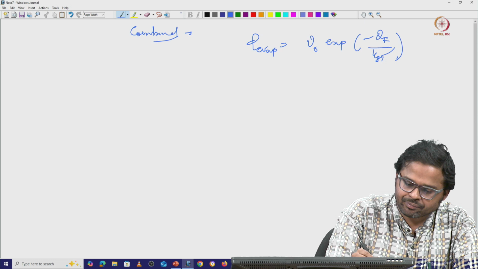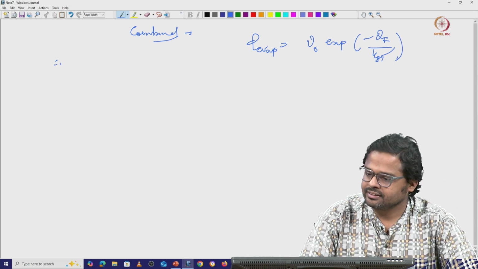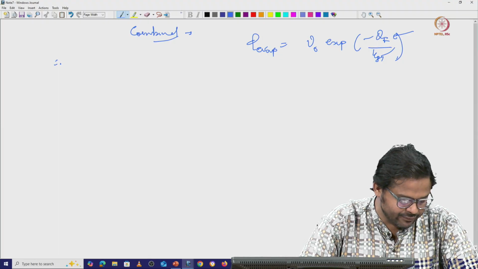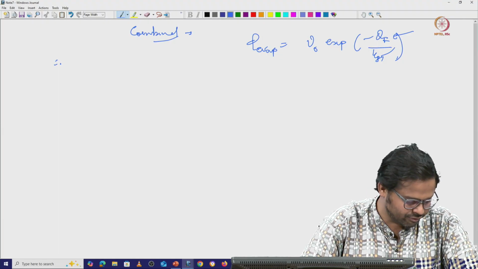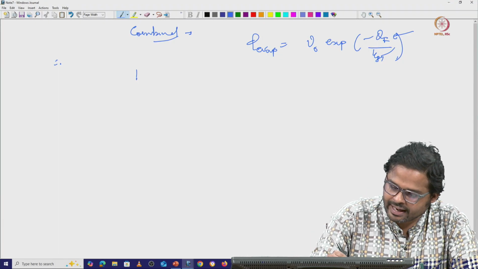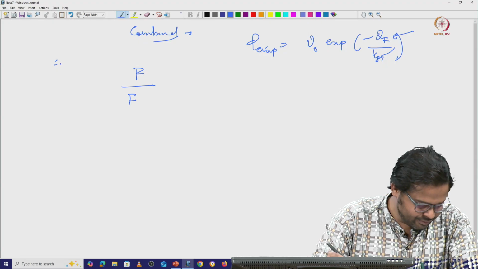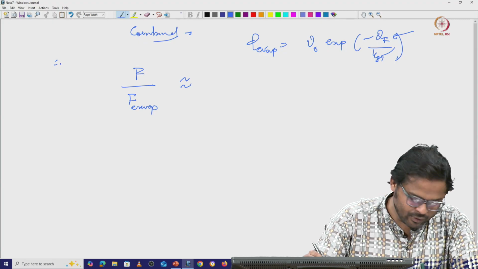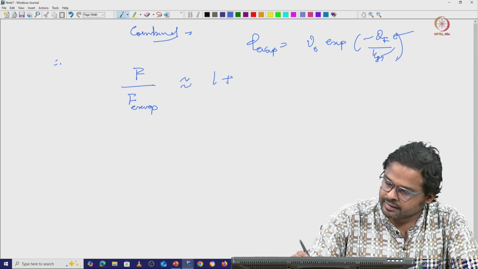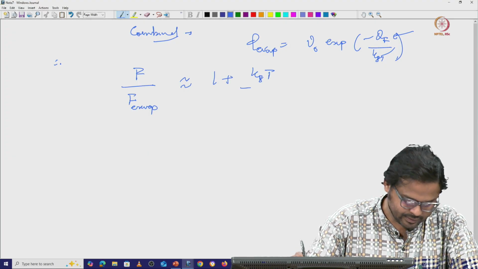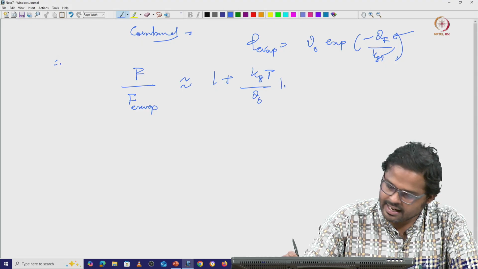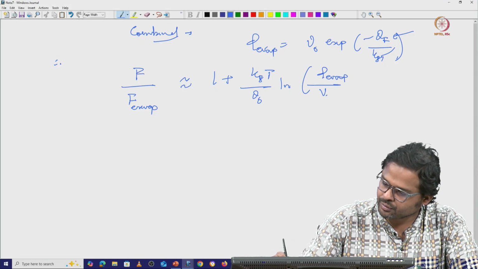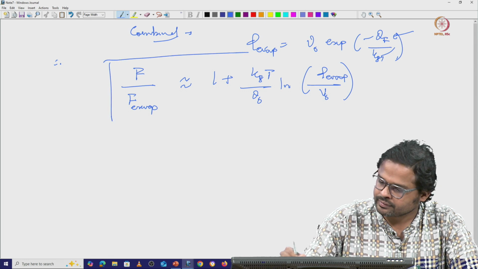Therefore, the dependence of electric field required to field evaporate a specimen at a given evaporation rate as a function of temperature can be given by F divided by FEVAP is equal to 1 plus kBT divided by theta naught ln p divided by mu naught.